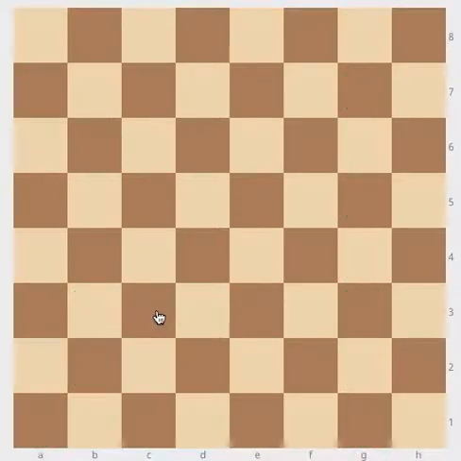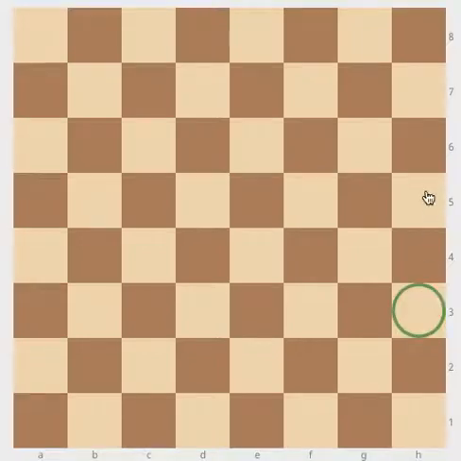The squares on the A file are known as the A file. B file, C file, D file, E file, F file, G file, H file.